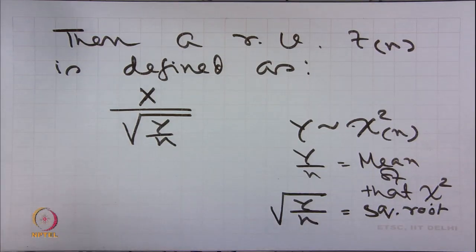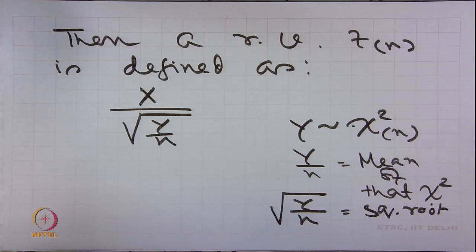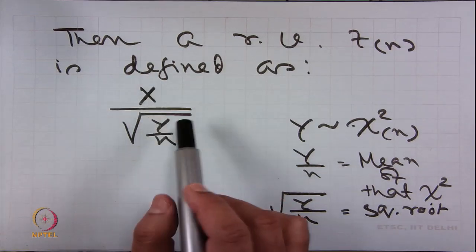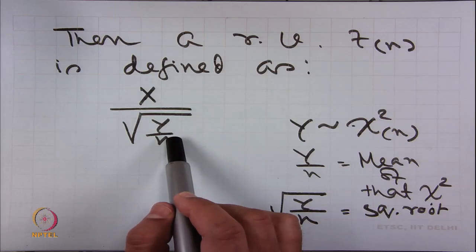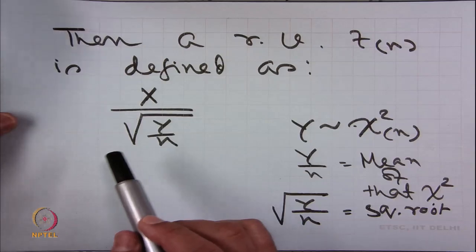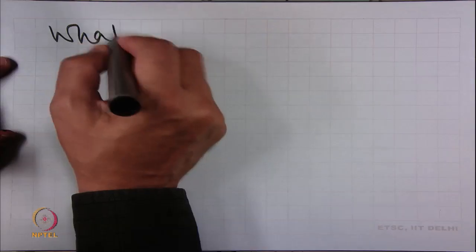So, essentially the T distribution is the ratio of a standard normal divided by a root mean chi-square distribution. So, what is the PDF of T?